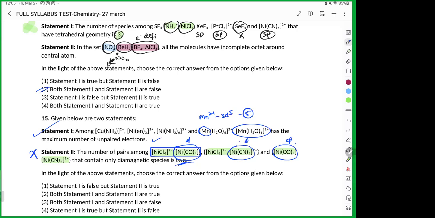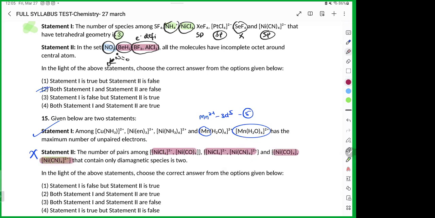They are not asking whether carbonyl and cyanide nickel are dimagnetic. No, they are asking among the pair. So you have to consider the pair together.